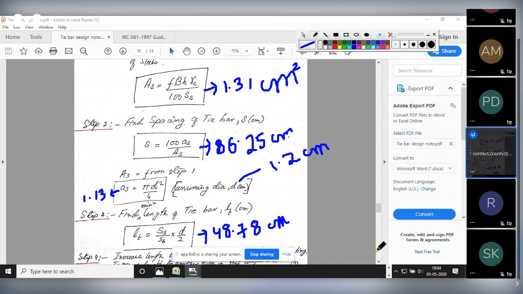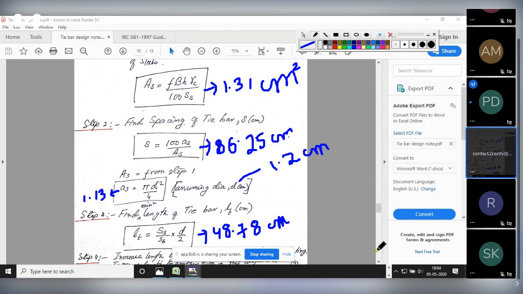Now add 10 plus 5, that is total 15 centimeter more. 10 is for loss of bond due to painting, and 5 is for misalignment.